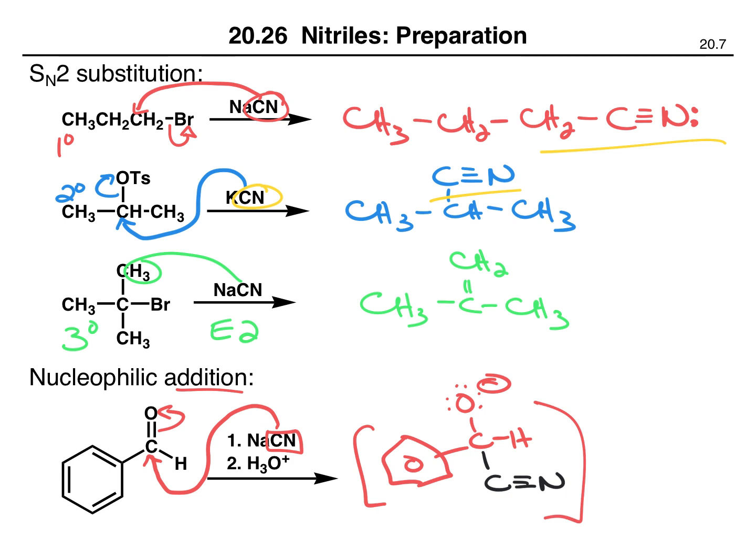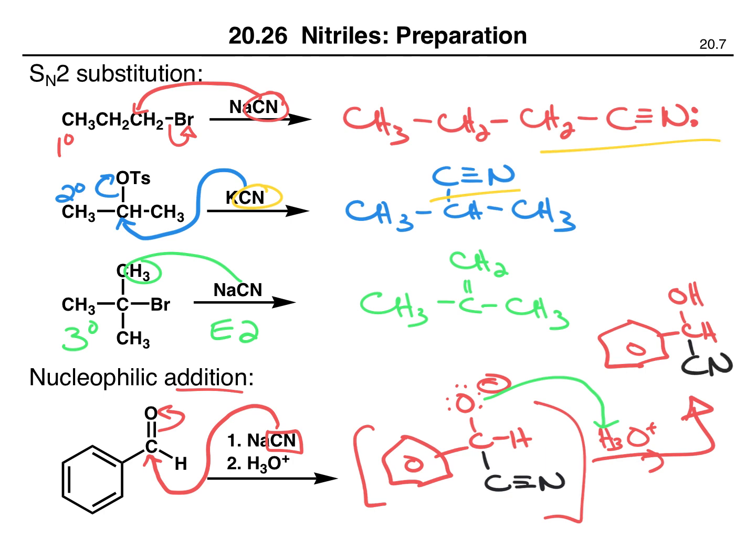And then with aqueous acid workup, the O- can grab a proton, and our product is this, a cyanohydrin. So nucleophilic substitution or nucleophilic addition, these are a couple ways that we can make nitriles.